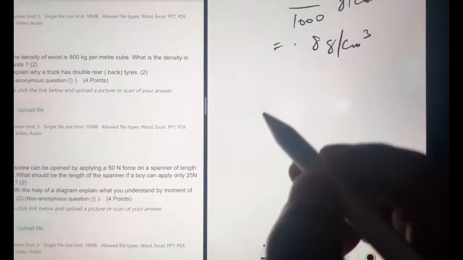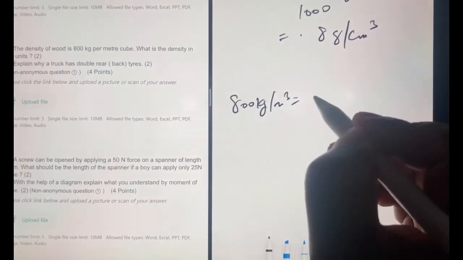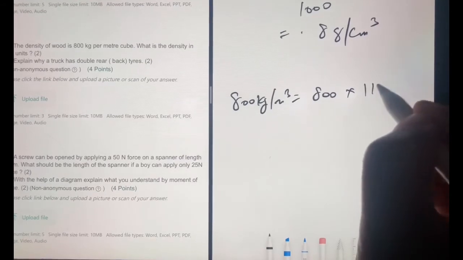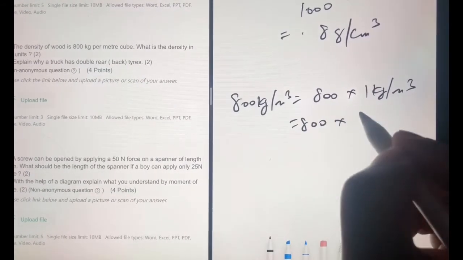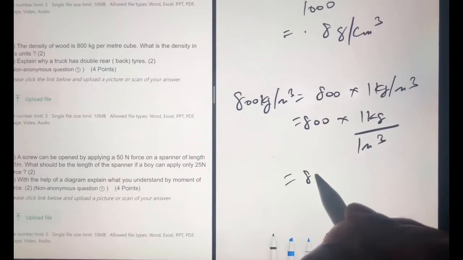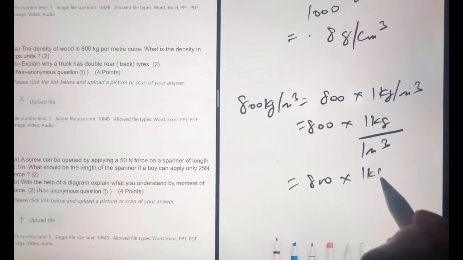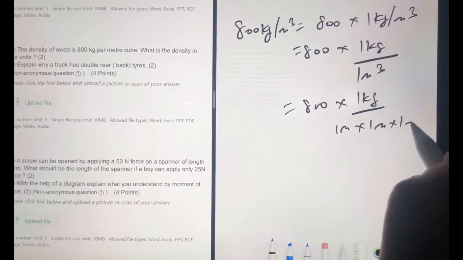So if you want to remember, 800 kg per meter cube is 800 into 1 kg per meter cube. So this is 800 into 1 kg divided by 1 meter cube. And what is a meter cube? It is 1 meter by 1 meter by 1 meter.